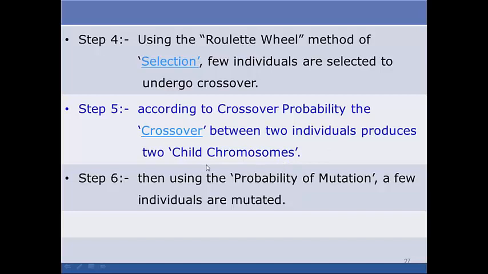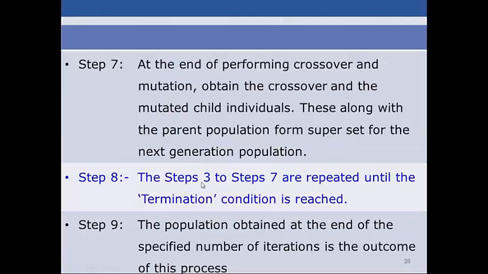Then those child chromosomes, along with the original solutions, some of them will go for mutation. At the end there will be some criteria, and steps 3 to 7 are repeated until the termination condition is reached. The last population obtained at the end of the specified number of iterations is the outcome of this process.